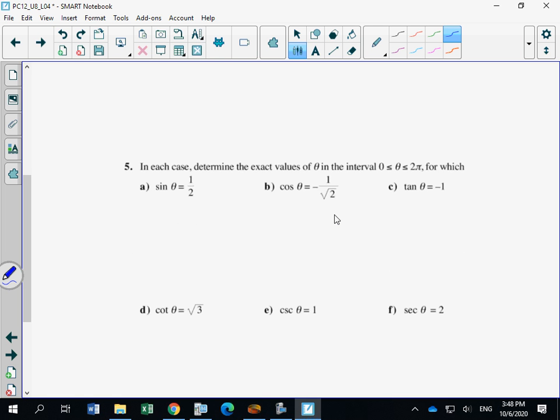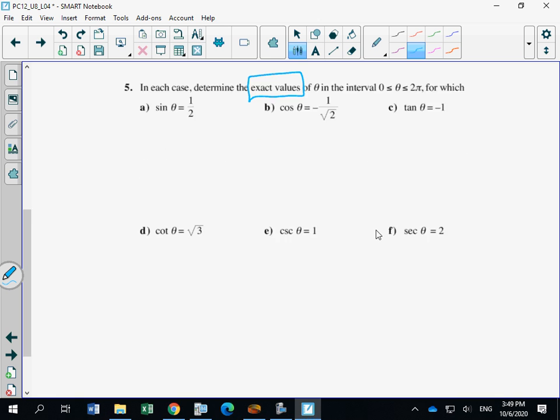Number 5, the reason this is starred is because it has the words exact value. If you wanted one quick review for number 5, let's do F together. This is secant theta equals 2 over 1.